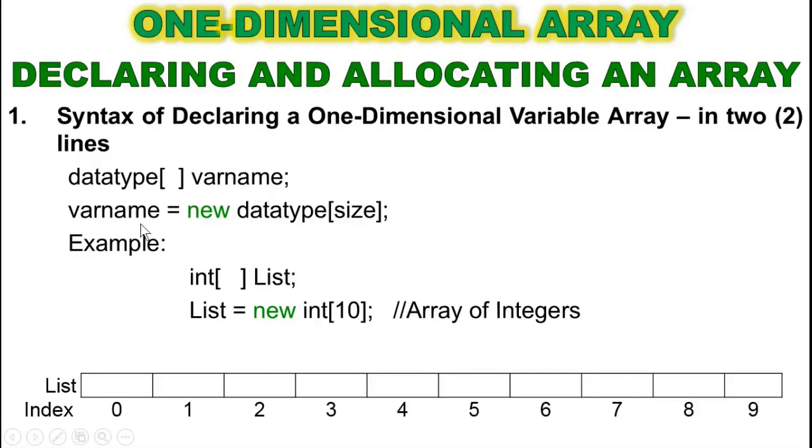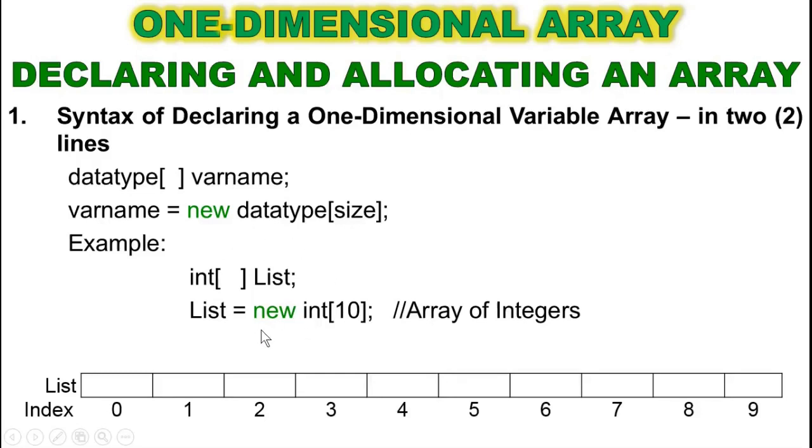The next line is the variable name written in an assignment statement followed by equal and then the new operator and the assigned data type, followed by an open bracket and the given size, the number of elements that the array can contain, and then a closing bracket with a semicolon.